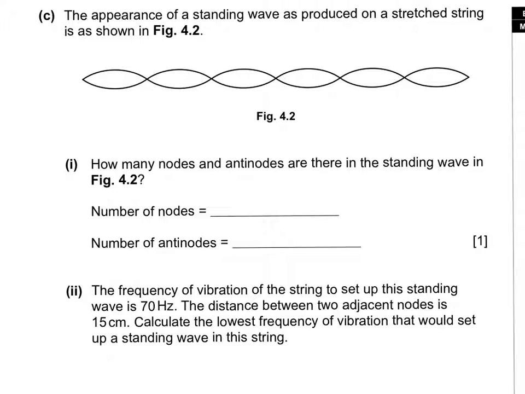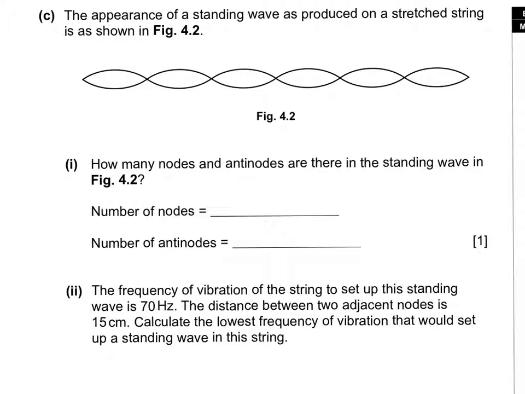Part C. The appearance of a standing wave as produced by a stretched string is shown in figure 4.2. How many nodes and antinodes are there in the standing wave of figure 4.2? Number of nodes, number of antinodes. So what you should really do is label out all the locations of nodes and all the locations of antinodes. So N's for nodes and A's for antinodes.